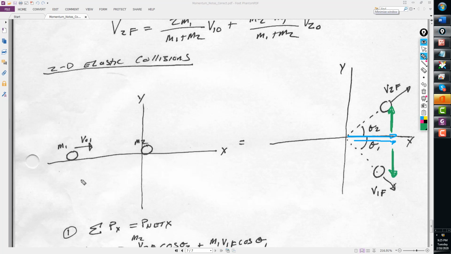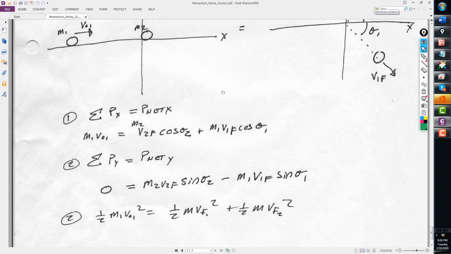Because there was no initial y momentum. They have to cancel out. So momentum 2 in the y has to equal momentum 1 in the y, because there's no net momentum in the y. And then the x is going to split up into components, just like forces.